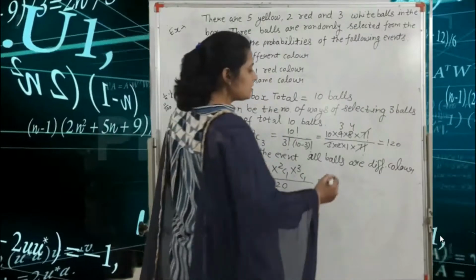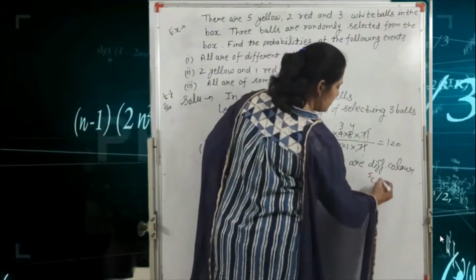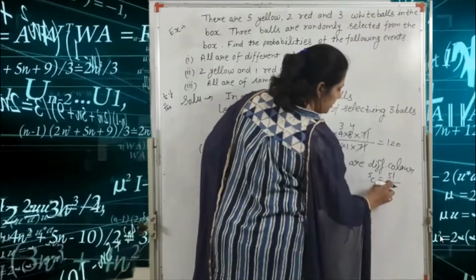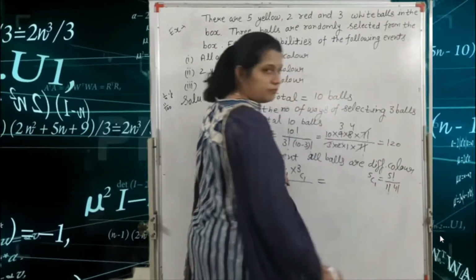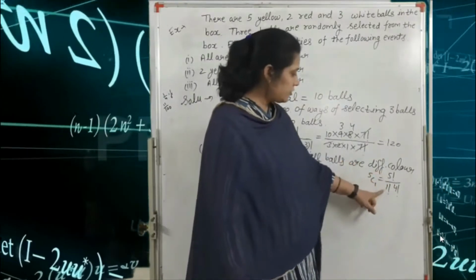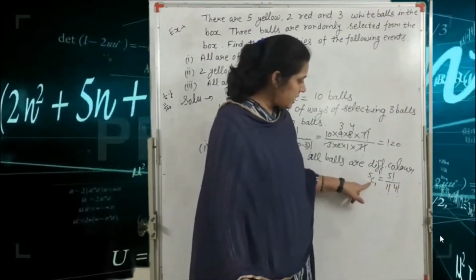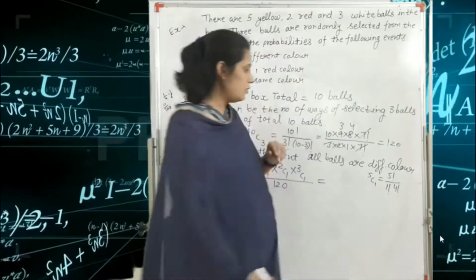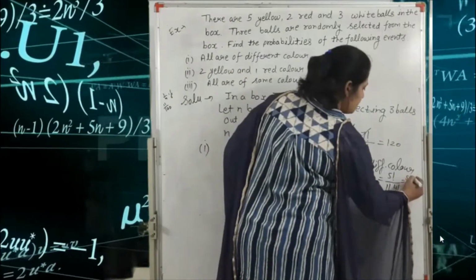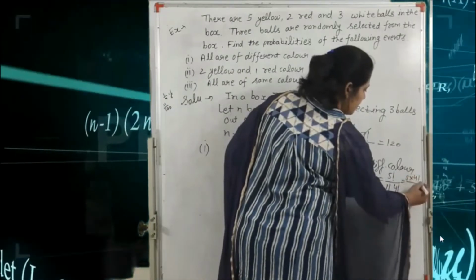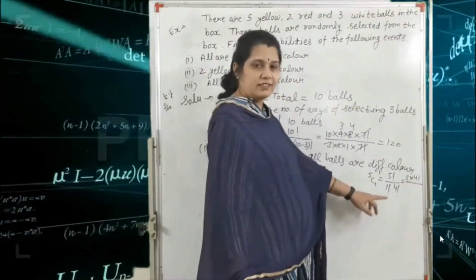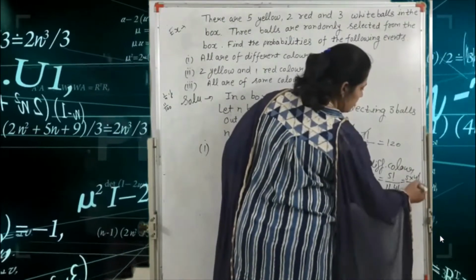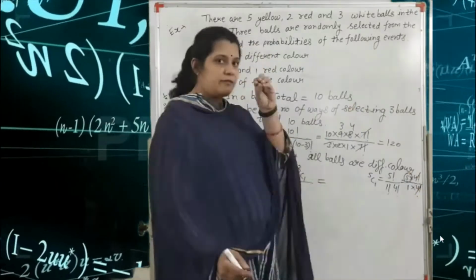5C1 means factorial 5 over factorial 1 and factorial 5 minus 1, that means factorial 4. Factorial n over factorial r, factorial n minus r, that means 5 minus 1 is equal to 4. So open this term: 5 into factorial 4, and in the denominator 1 into factorial 4. So it cancels out and we get only the value 5.